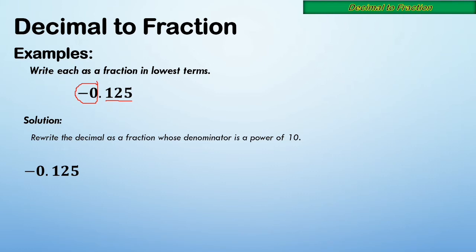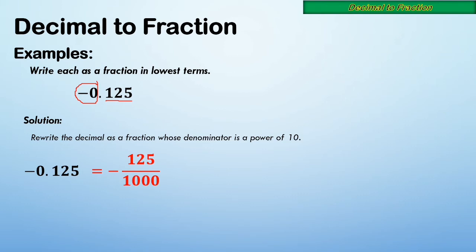You have negative 0 and 125 thousandths is equal to negative 125 over 1,000. Sabi ko kanina, the place value of this is thousands, therefore the denominator is 1,000. Okay, meron pa rin tayong negative, pero wala tayong sinulat dito na whole number, katulad ng mixed fraction, kasi ito is 0.